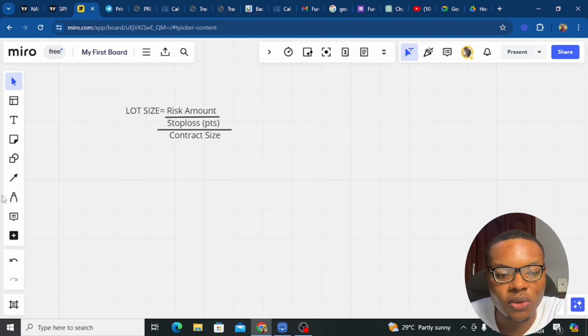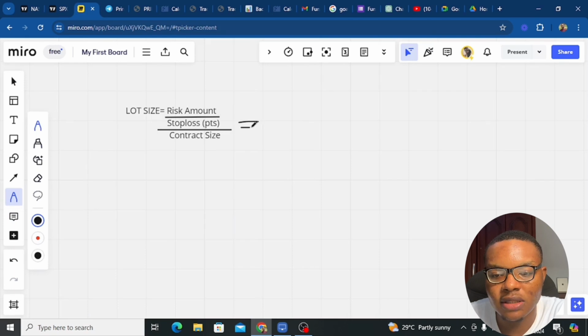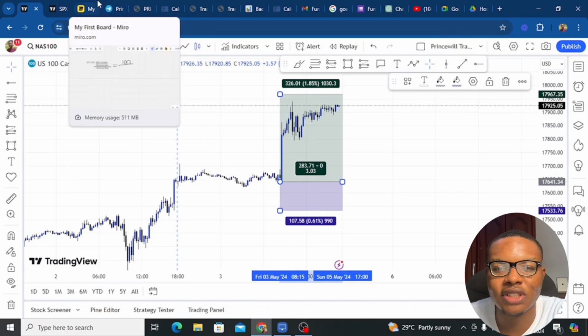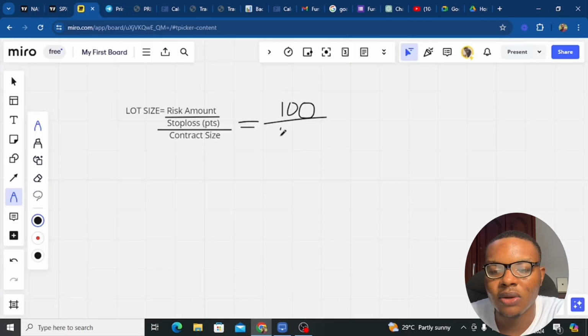All right, so let's get our pen tool. So if this is the case, our risk amount is 100, and then our stop loss, like we had from here previously, was 107. I'm not going to be adding the decimals because the decimals really don't add up at all. So we have this to be 107.